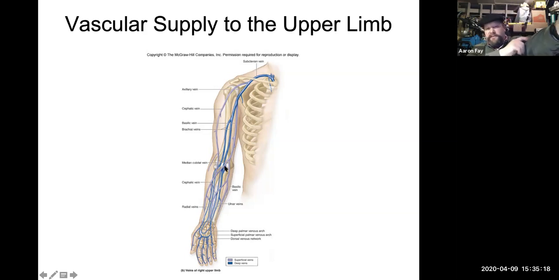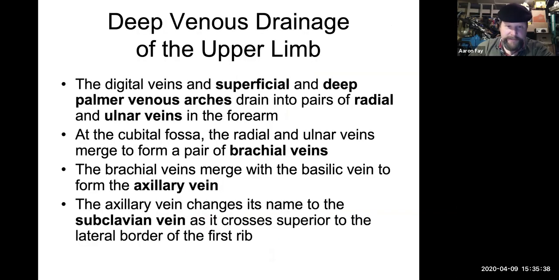It's a superficial vein, and that's one of the reasons why phlebotomists tend to go for that one. But again, the radial and ulnar veins are going to join to form, in this case, a superficial or deep palmar venous arch. And joining up with those are going to be the various digital veins. So that's very similar to what we saw in the arterial system.